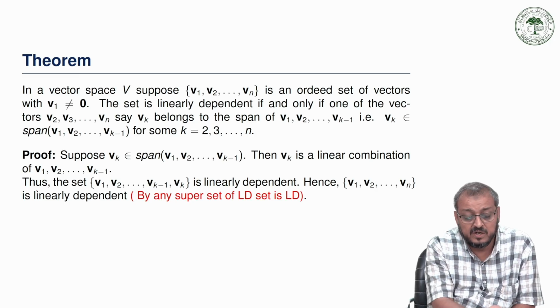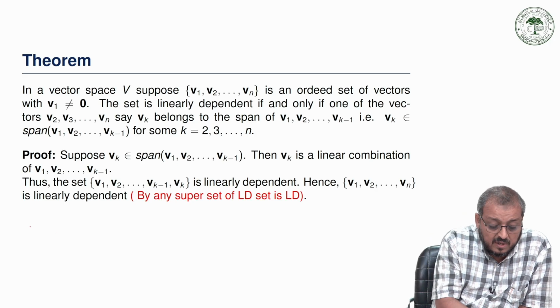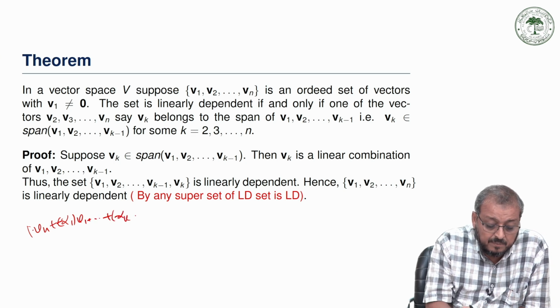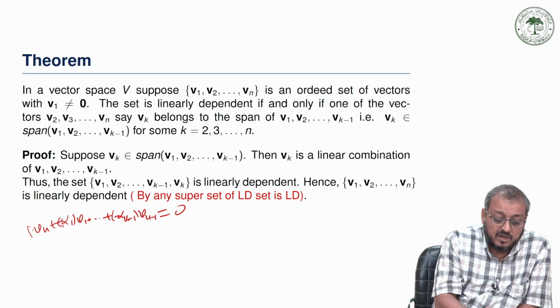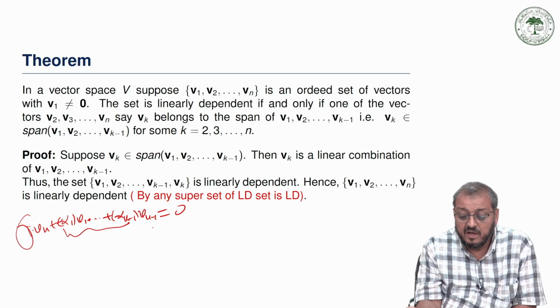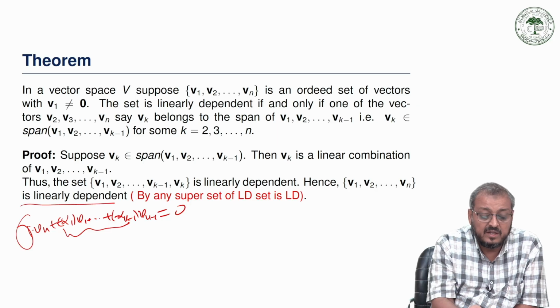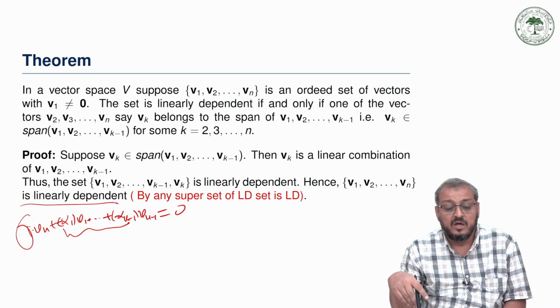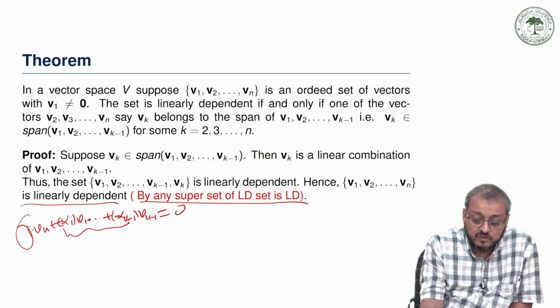This means vk can be written in this form: 1 of vk plus minus alpha 1 v1 and so on, minus alpha k minus 1 vk minus 1, equal to the zero vector. Not all these scalars are equal to 0, at least one is not. So this set is linearly dependent, and any superset of it is also linearly dependent. So one way is very trivial.